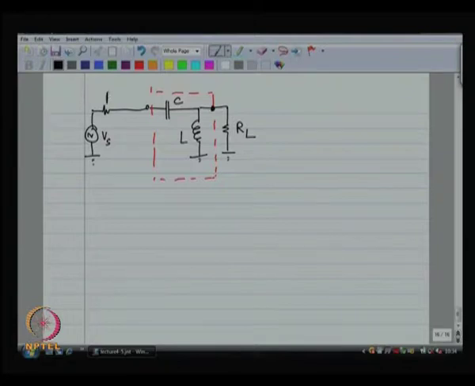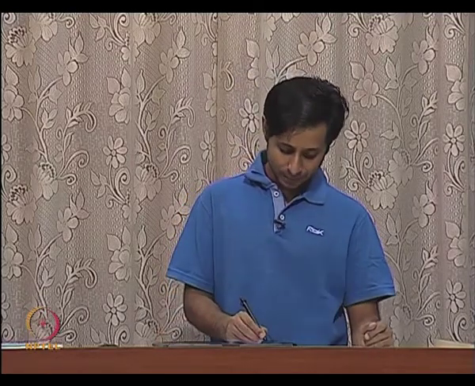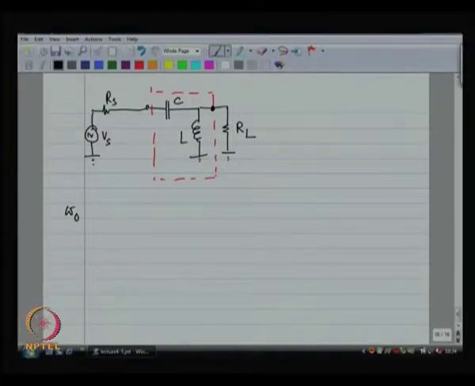Okay. Now, we can transform the inductor in parallel with the resistor to a series combination of an inductor and a resistor at a given frequency. Let us say I choose the frequency omega 0.